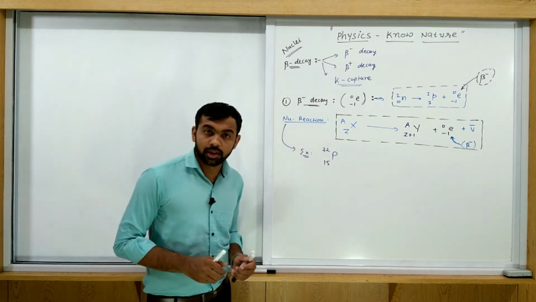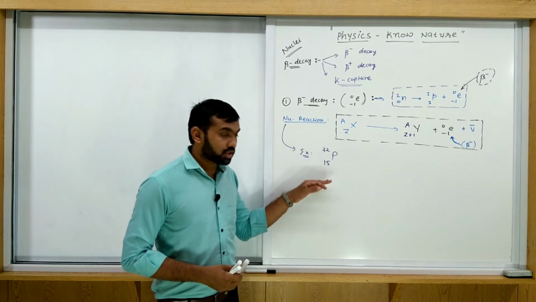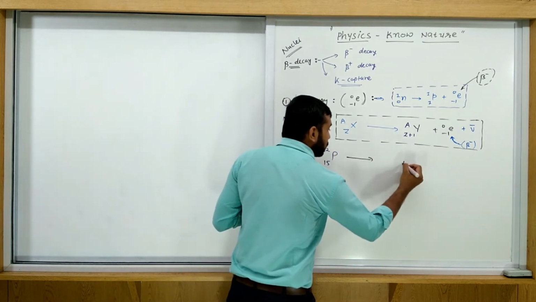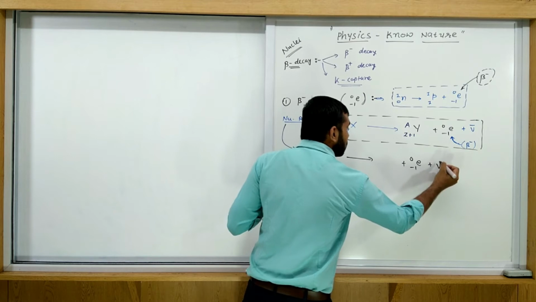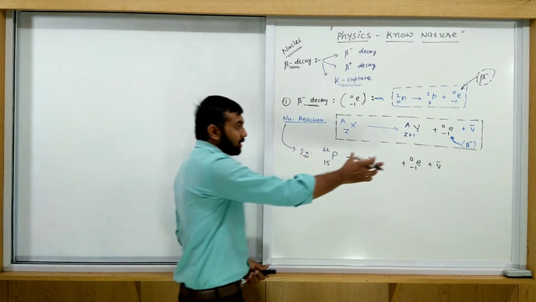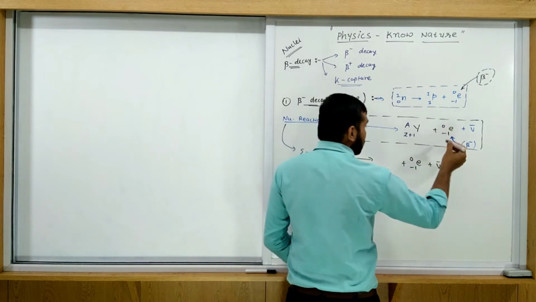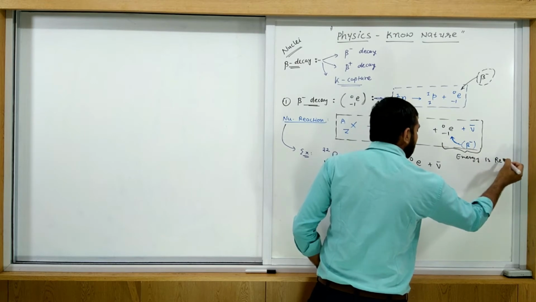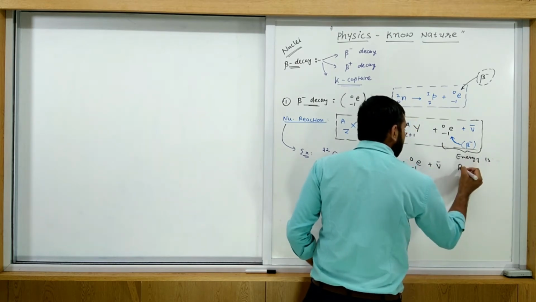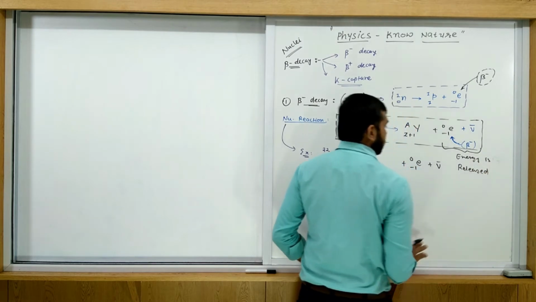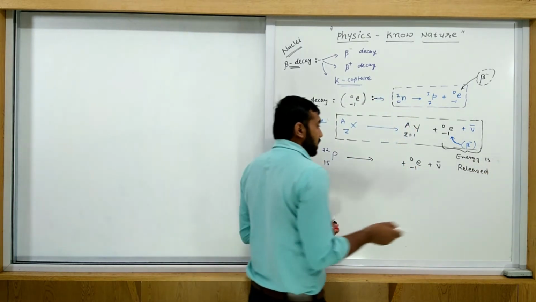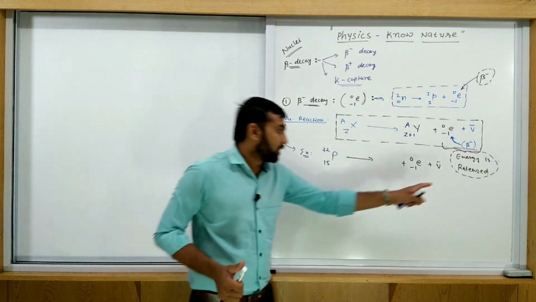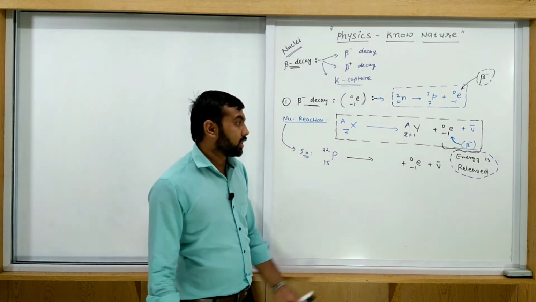Suppose phosphorus is unstable and it becomes stable due to the emission of beta minus, then P is converted into -1e0 plus antineutrino. Here also energy is released, and this energy is in the form of kinetic energy of beta minus. Whatever energy is released is in the form of kinetic energy of beta minus.